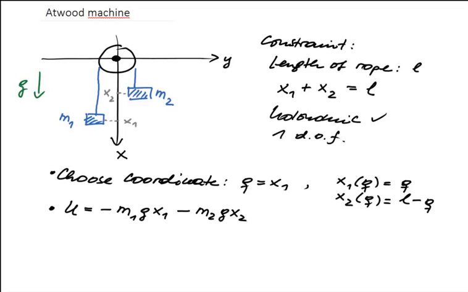Now we can express this potential energy in terms of our generalized coordinate q. And we can write that as gravitational acceleration times m2 minus m1, the difference between the two masses, times q.